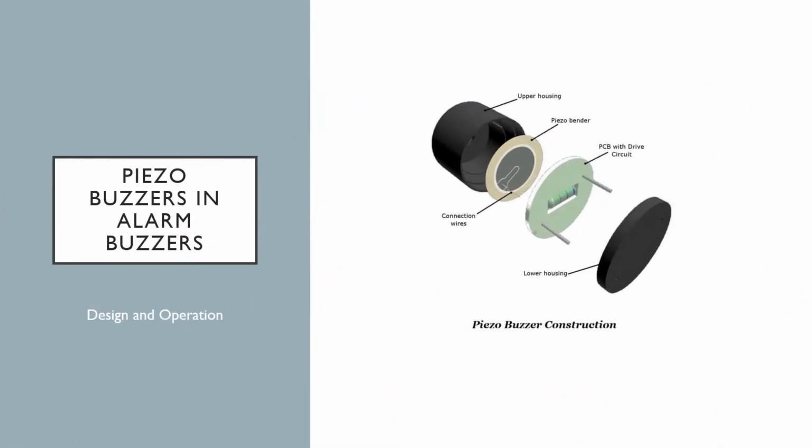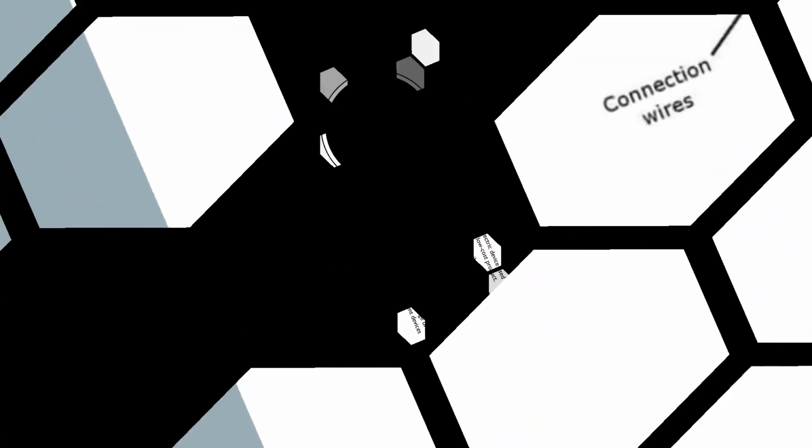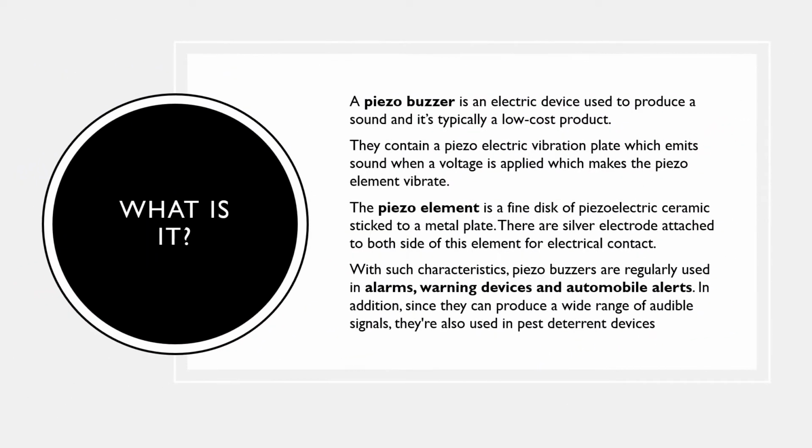So our application is an alarm buzzer, and how they work is that they contain a piezo buzzer. What is it, you may ask? A piezo buzzer is an electric device used to produce a sound and is typically a very low-cost product. They contain a piezoelectric vibration plate which emits sound when a voltage is applied, which makes the piezo element vibrate.